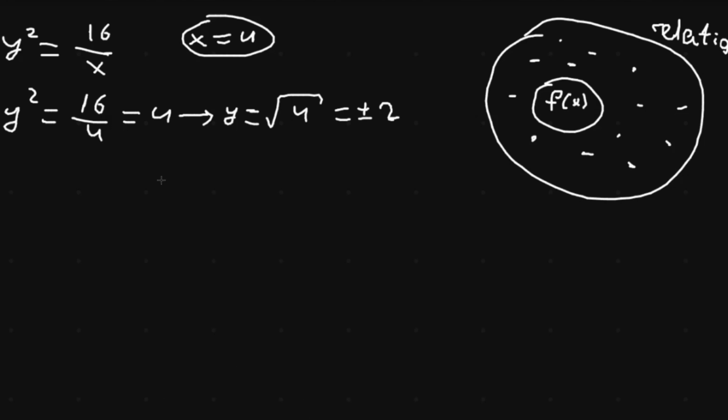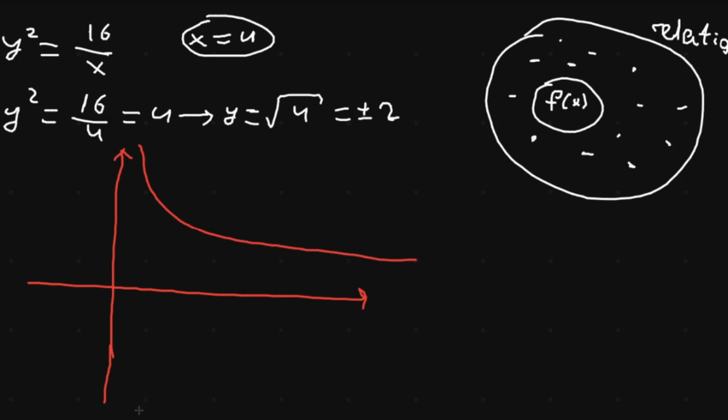If we draw the graph of this relation, we will have something like this as a result. Let's say 1, 2, 3, 4, 1, 2, 1, 2. This is 4, this is 2, there is 2, and they meet here.